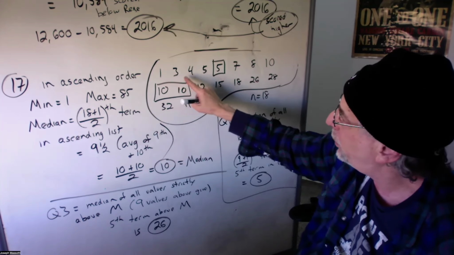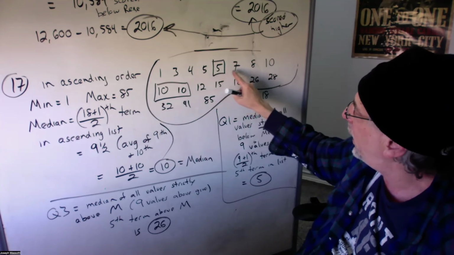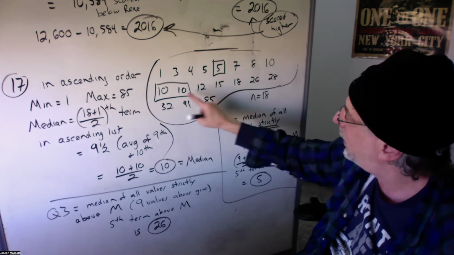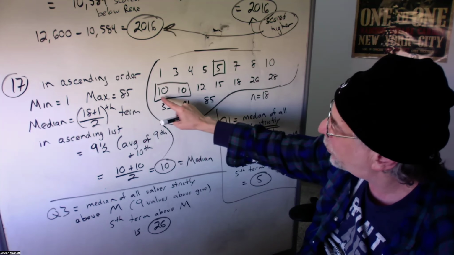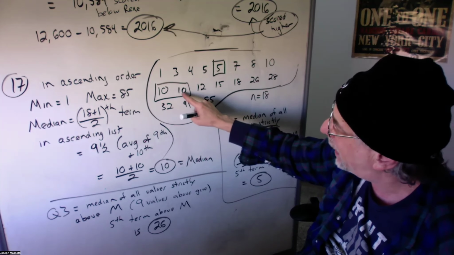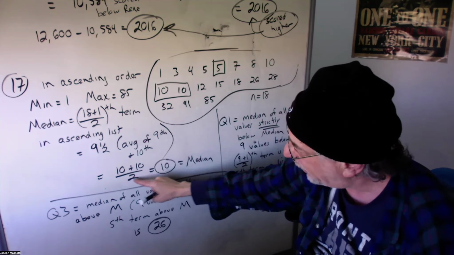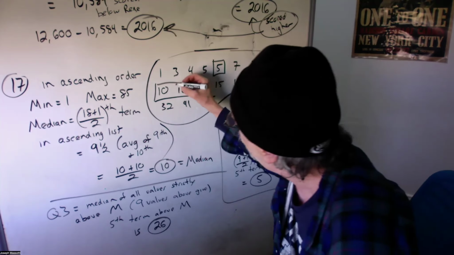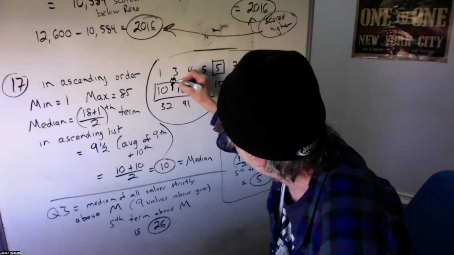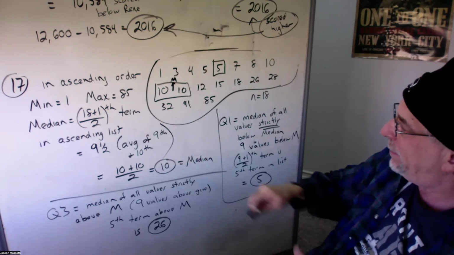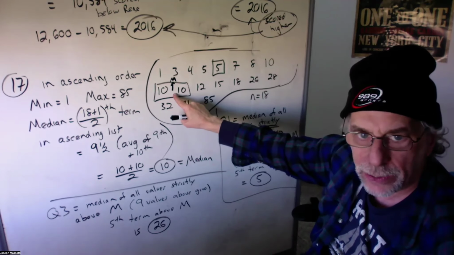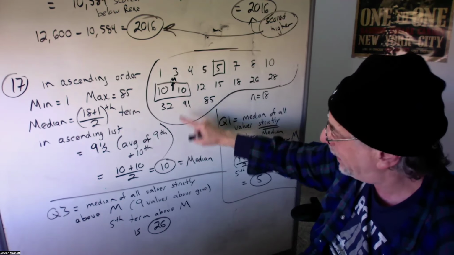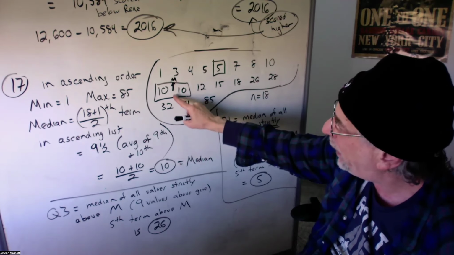So 1, 2, 3, 4, 5, 6, 7, 8, 9th and 10th. So we take the average of the 9th and 10th value, we add up those two, we divide by 2, and it's going to be 10. That's where the median is, in between those two values, even though 10 and 10 is the median.